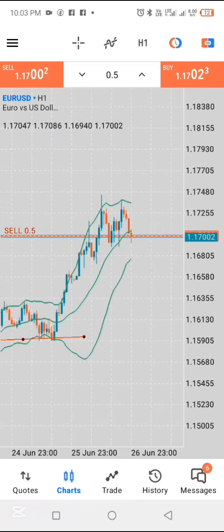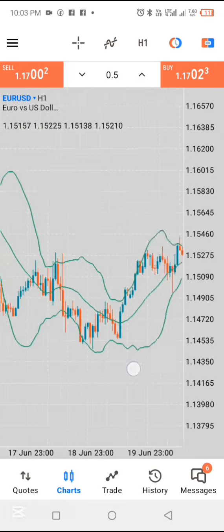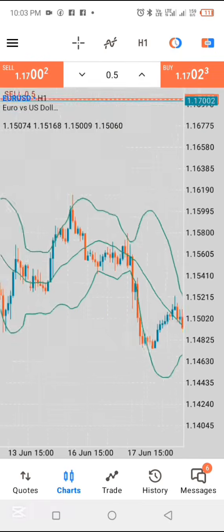So during trading, if you're using the Bollinger Band, you have to watch out for these key factors. You have to watch out for double tops and double bottoms. You can also install other indicators like the RSI.